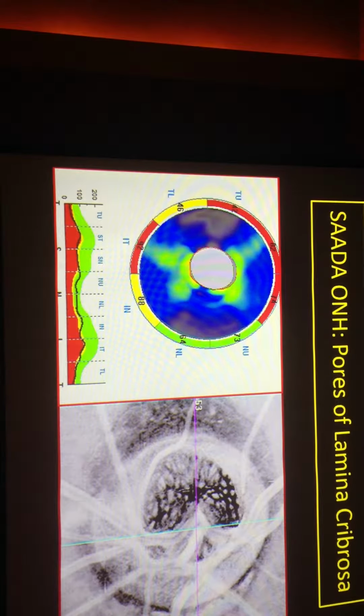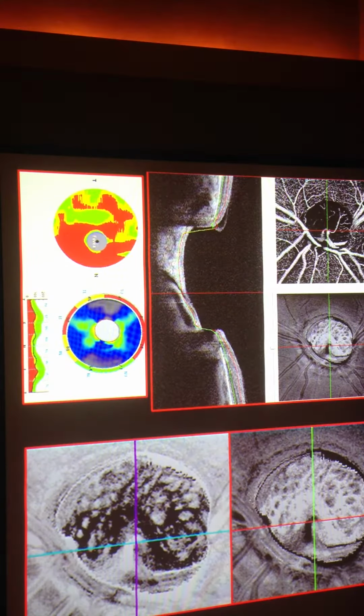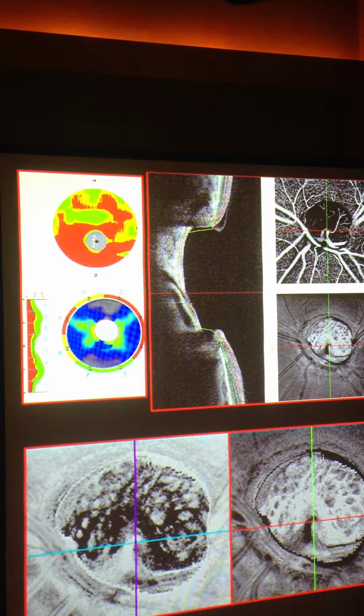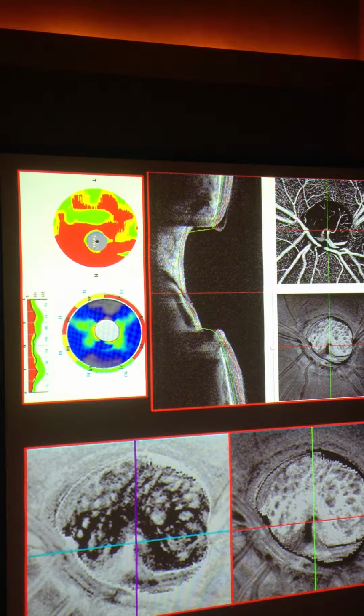Here is another example of stretched pores, and when we invert the images, you can see how the pores can be enlarged. And so this is a real domain of study, of next studies, to follow up patients, and especially glaucoma patients, in order to observe this kind of situation.